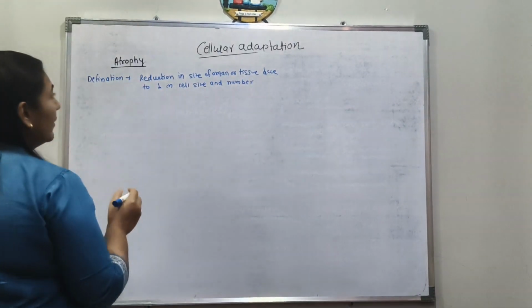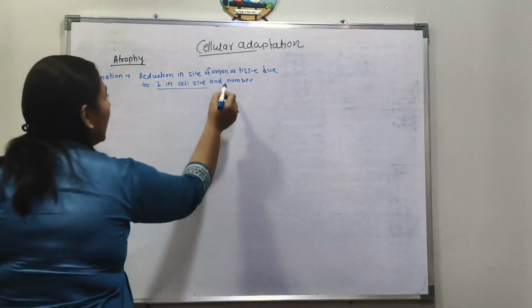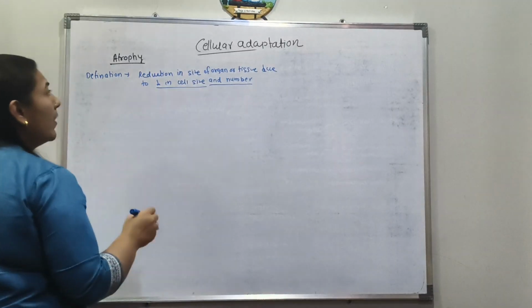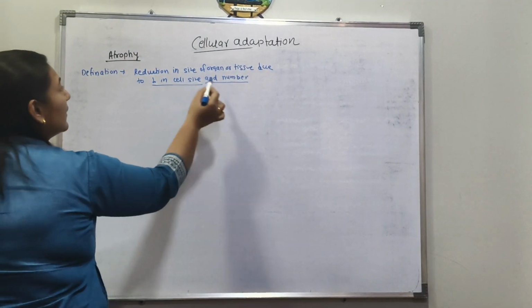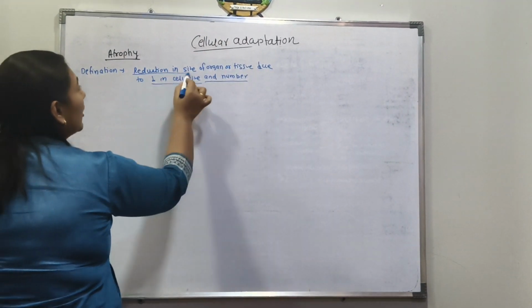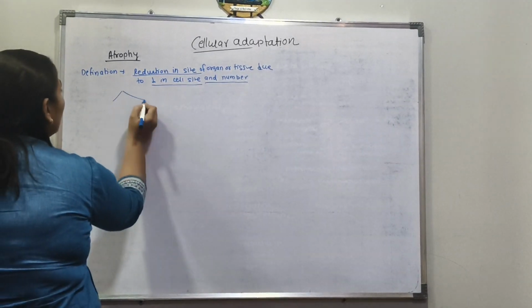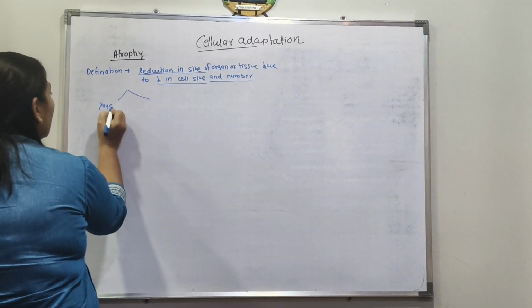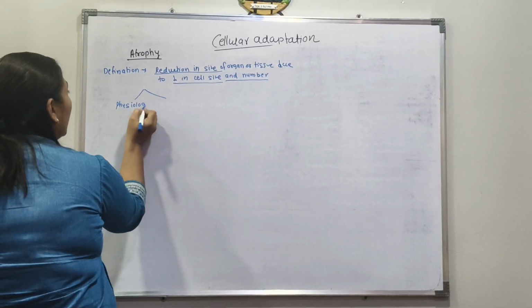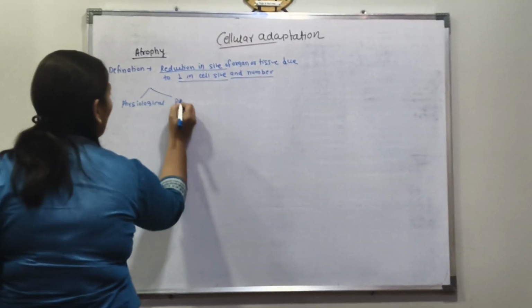In atrophy, there is a decrease in the cell size as well as a decrease in the cell number. So, because of the decrease in cell size and number, there is reduction in the size of the affected organ. Then atrophy is of two types, that is physiological atrophy and pathological atrophy.